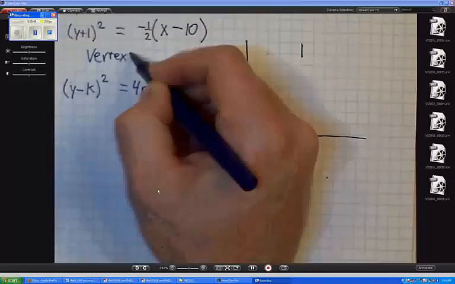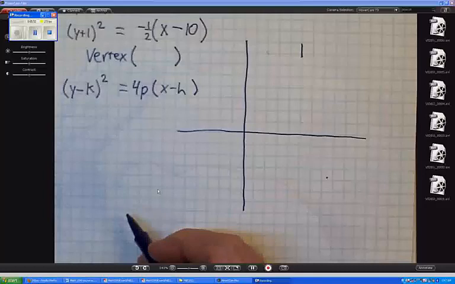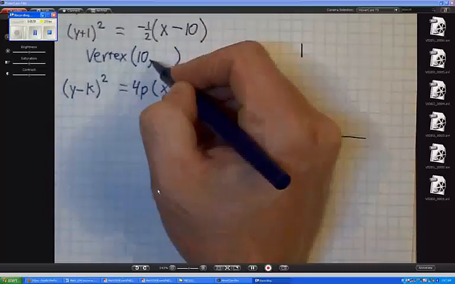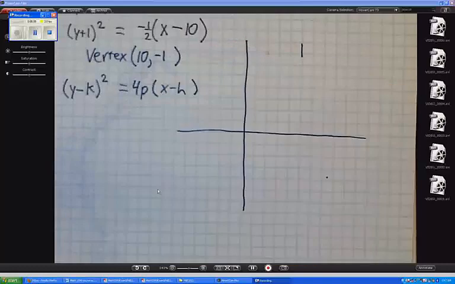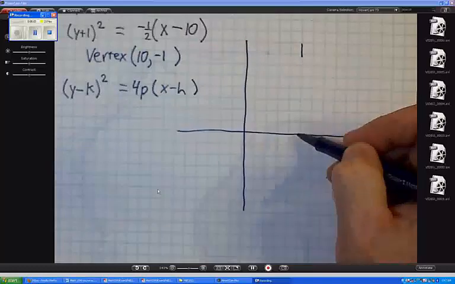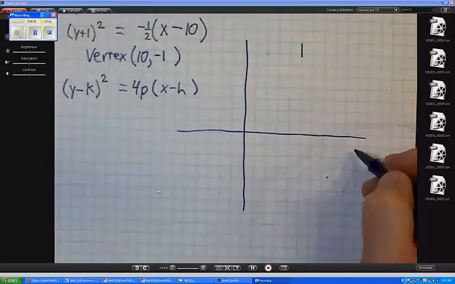The vertex is 10 is the h, comma, -1. So my vertex is 10, -1. Let me plot that. 1, 2, 3, 4, 5, 6, 7, 8, 9, 10, -1. So there's my vertex, 10, -1.